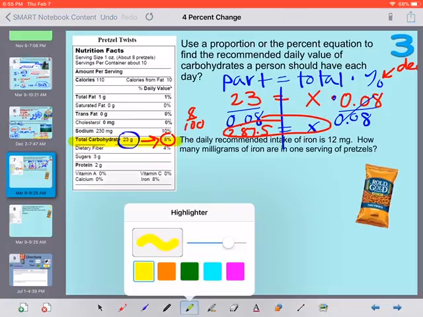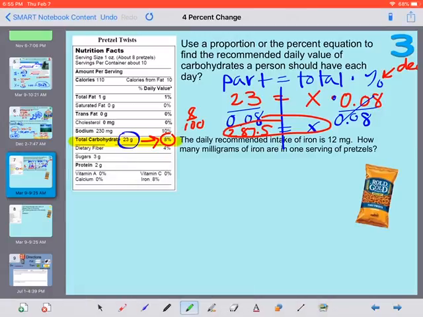Let's try another one. This one says the daily recommended intake of iron is 12 milligrams. How many milligrams of iron are in one serving of pretzels? So here's iron way down at the bottom here. We want to know how many milligrams are there in one serving. So we don't know how much we're getting from the pretzel twist. That's what we're trying to figure out.